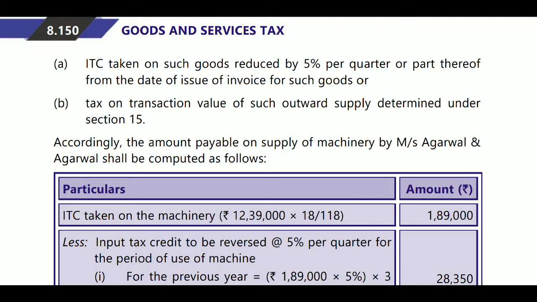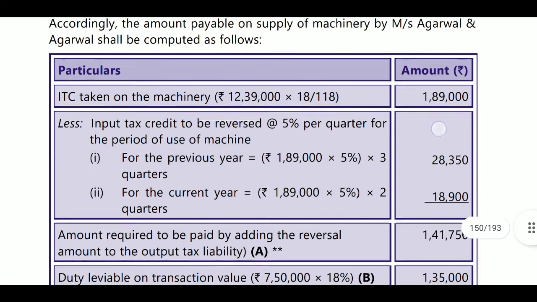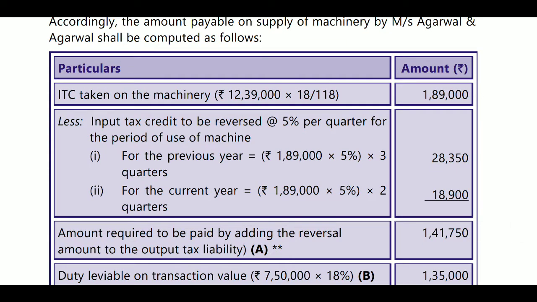So accordingly, the amount payable on supply of the machine by Mr. Agrawal shall be computed as follows. ITC taken on the machine will be 12,39,000 into 18 by 118, that is ITC taken 1,89,000. From 1,89,000 you will reduce the amount related to 5% per quarter.